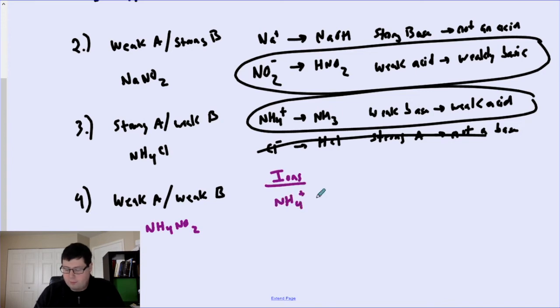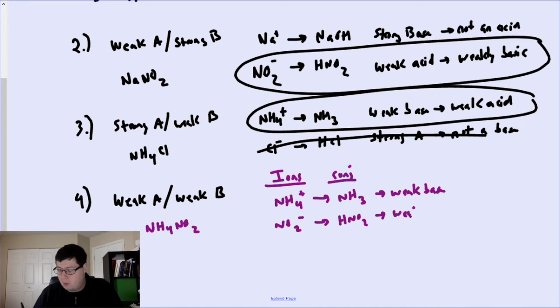NH4+ comes from the conjugate NH3, which we already know is a weak base. And then NO2- comes from HNO2, our nitrous acid, and we've already seen that is a weak acid.